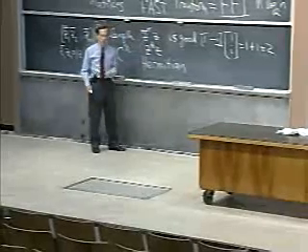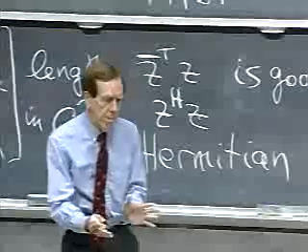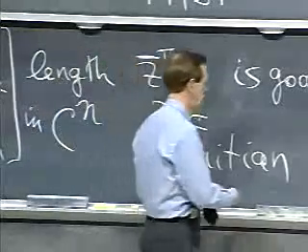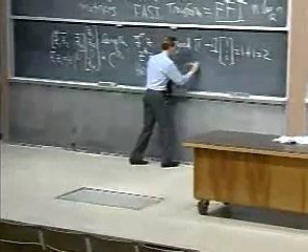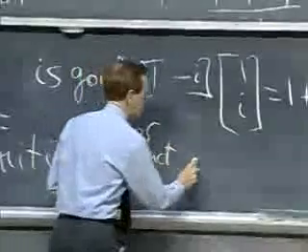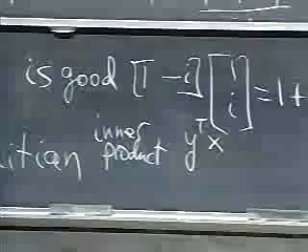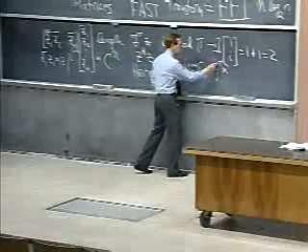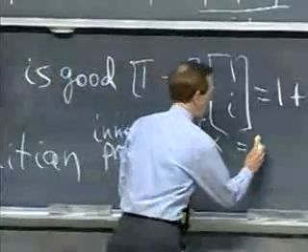So that's the length squared. Now what's the inner product? Well, it should match. The inner product of two vectors is no longer y transpose x, that's for real vectors. For complex vectors, whenever we transpose, we also take the conjugate. So it's y Hermitian x.